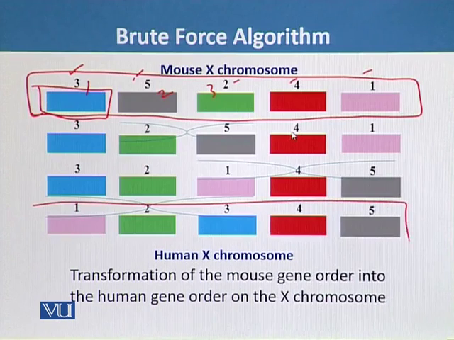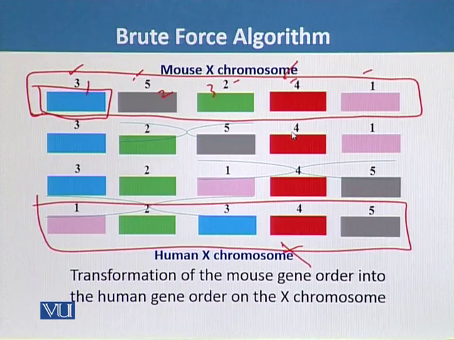Below is the human X chromosome. This is the mouse X chromosome, this is the human X chromosome, and it is in the order 1, 2, 3, 4, and 5. The second thing to note is that the syntenies, synteny 1, 2, are the same within the mouse and the human genome.